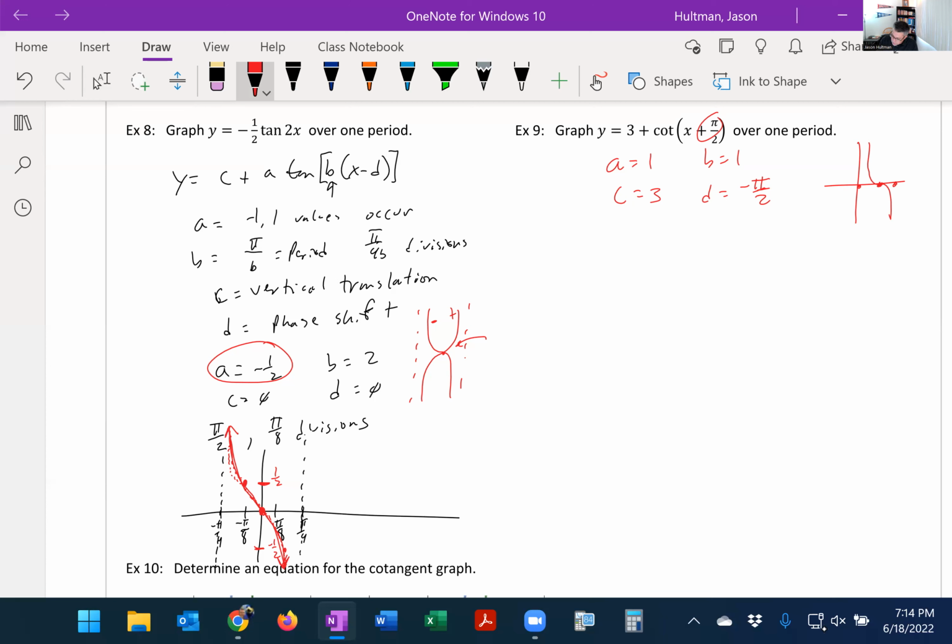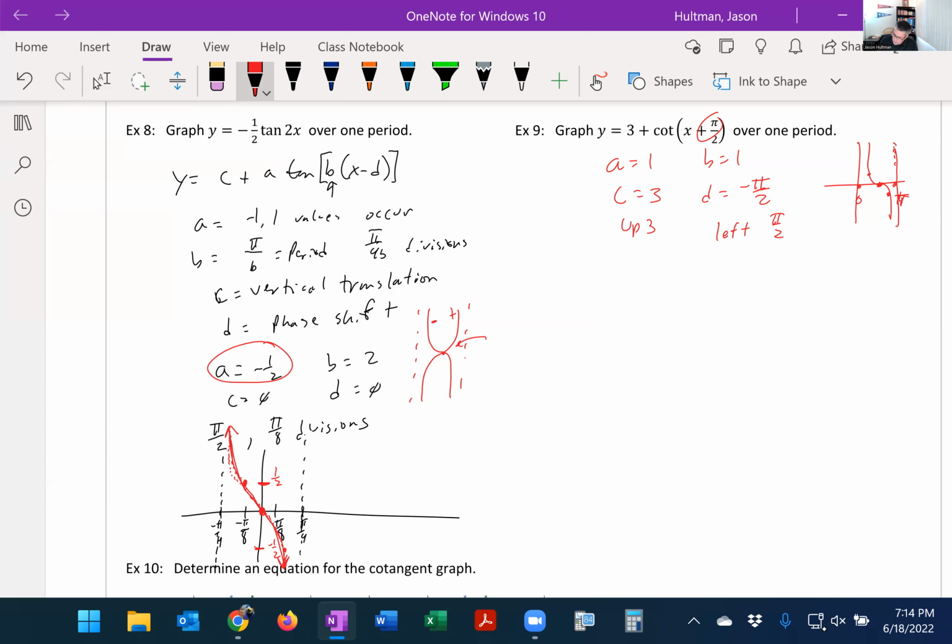This is the original cotangent function with asymptotes at 0 and pi. It has a period of pi, and we have these values at 1 and negative 1. So that's the original one. How does this compare? Well, this is just going to get translated up 3, and translated to the left pi over 2.